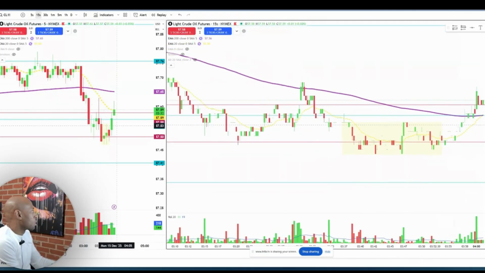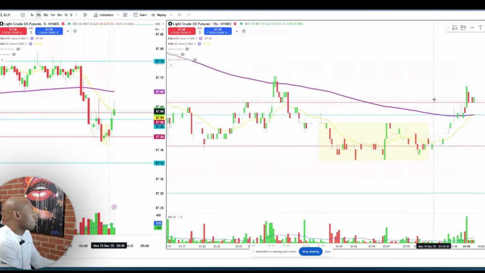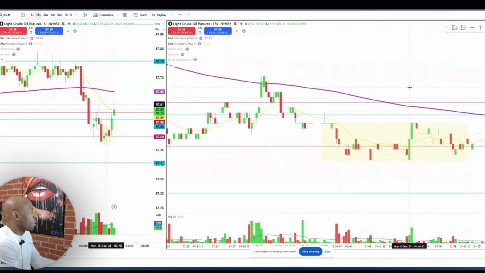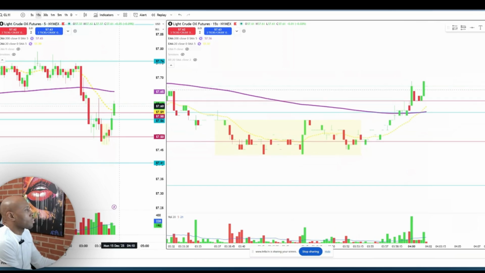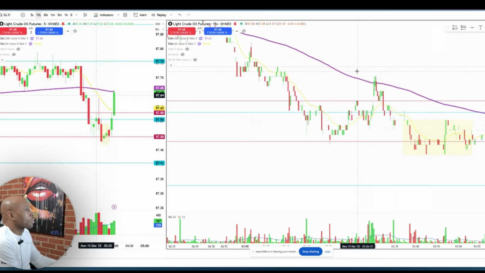So I'm trying to keep the chart big enough for you guys to see, but also so I can get enough data for me to make a proper decision. Oh, shot past that, didn't it?